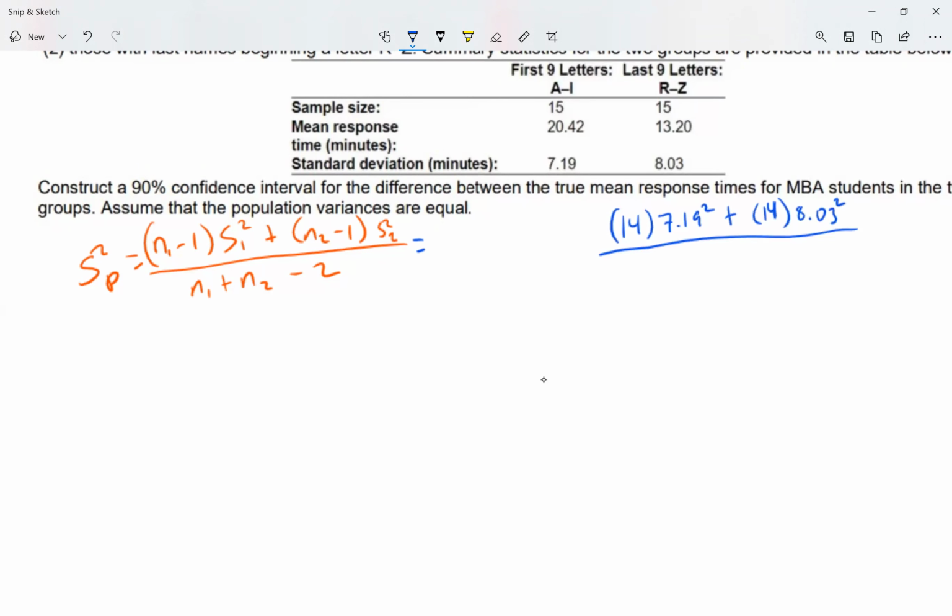And all of this divided by 15 plus 15 minus 2. I'm just going to call that 28. Okay, type it in on your calculator. This is just my variance. I'm not quite done with this. Still going to work after this. So type this on a calculator. What I got was 58.0885.